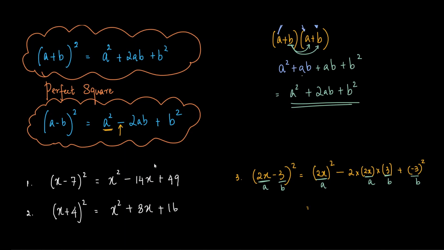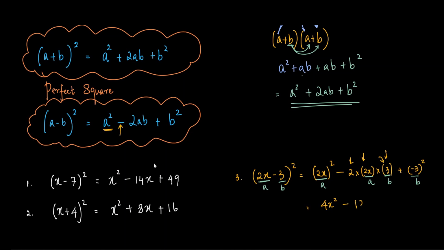2x squared is 4x squared, because that square belongs to both the number and the letter, meaning 2 and x. So 2x whole thing squared is just going to be 2 squared, which is 4, and x squared, minus 2 into 2x into 3. So let's multiply the numbers together. 2 into 2, 4. 4 into 3 is 12.